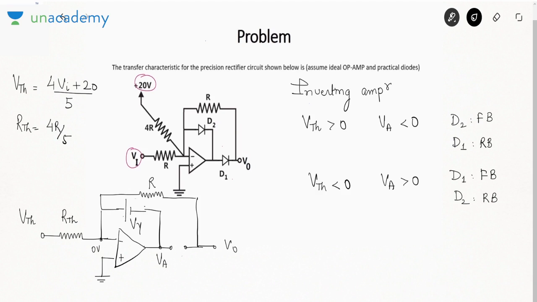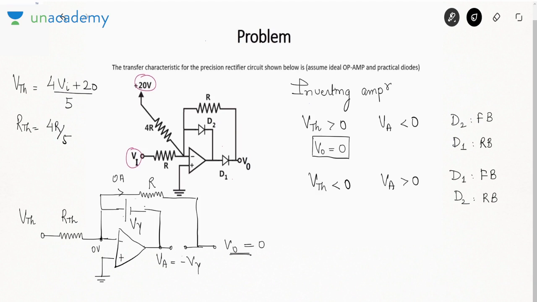This is 0 volt and VA is minus V gamma. Now what will be the value of V naught? V naught will be 0. Why? 0 minus 0 ampere into R. So V naught will be 0. So in this case, when VTH is positive and D2 is forward biased, V naught is 0.